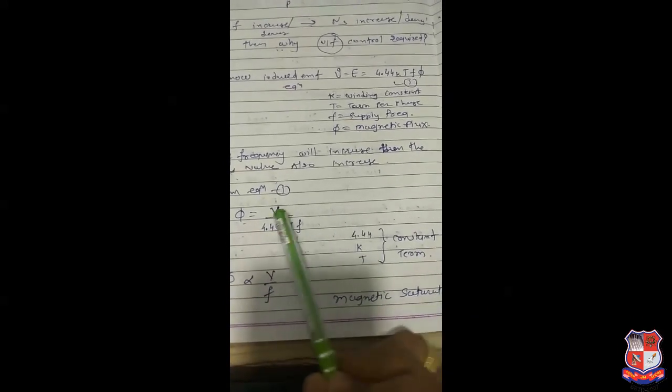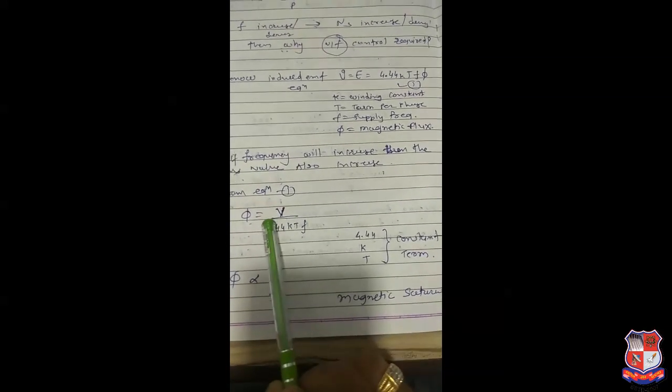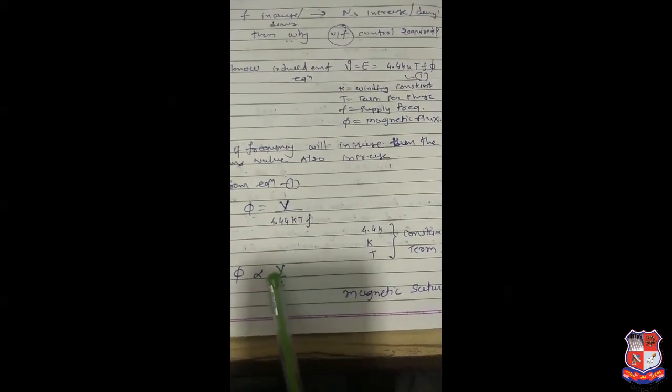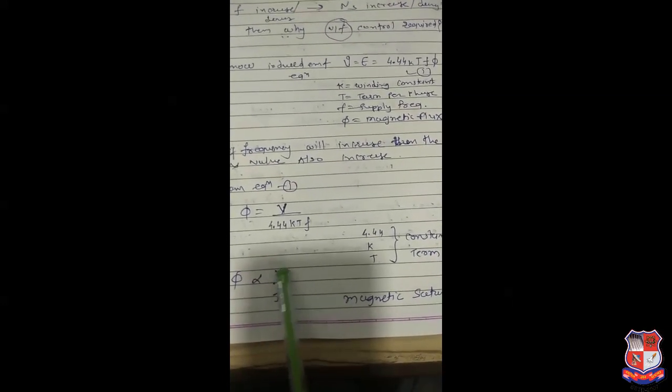So these three parameters are constant. Now the flux phi depends on only two parameters, V and F, that is V by F.